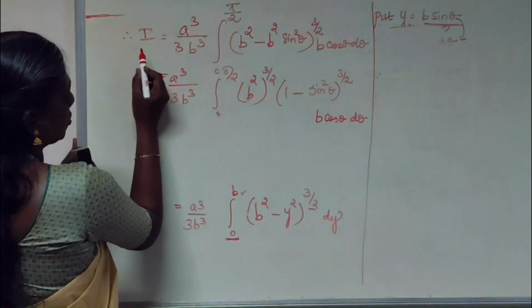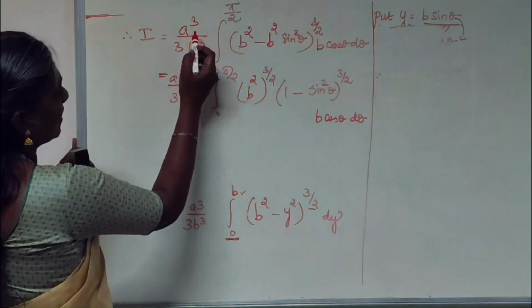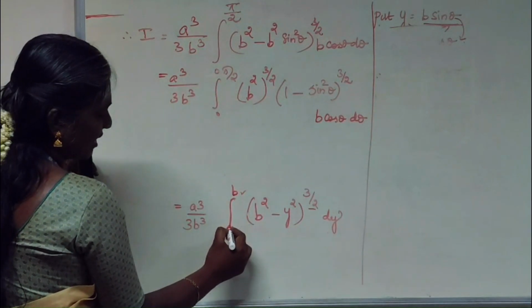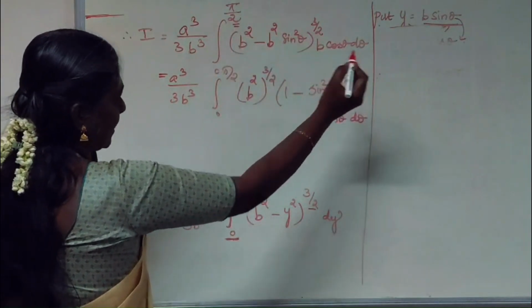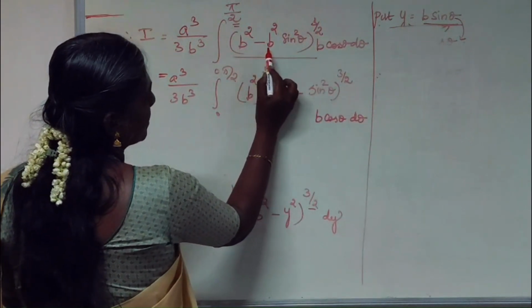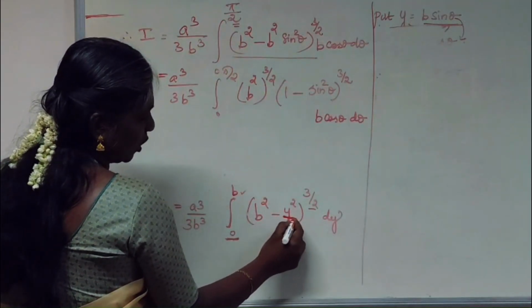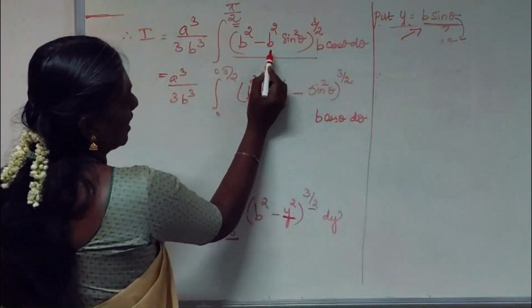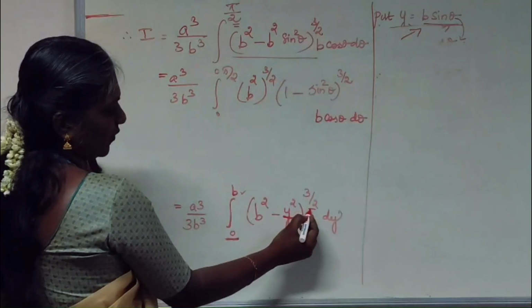Now I is equal to, already we are having a cube by 3b cube outside. So a cube by 3b cube, and the range now varies from 0 to pi by 2. The integrand is b squared minus b squared sine squared theta, because here we are having y squared, and y is b sine theta, the whole power 3 by 2.